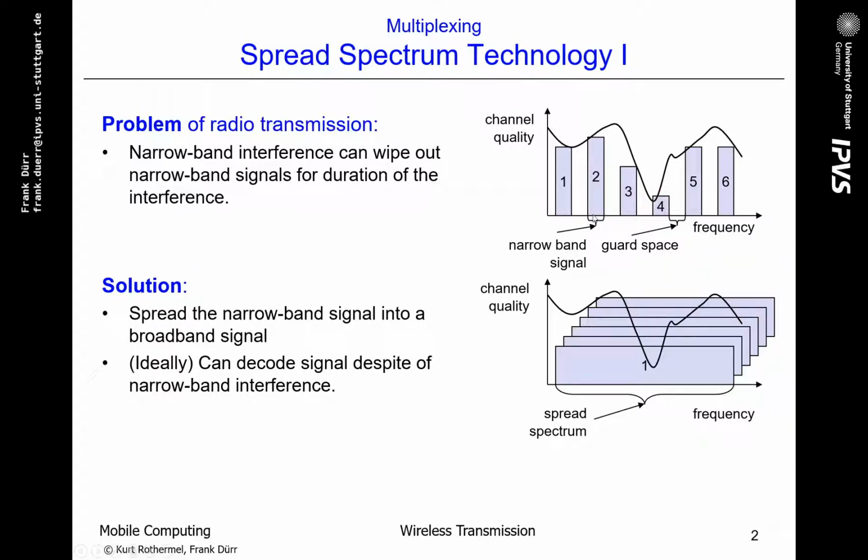You could also say spreading the signal across the whole bandwidth gives us a more fair distribution of the interference to all the senders. Since now all the senders are using the complete frequency spectrum, then also everyone will suffer the same interference, because everyone is using the same spectrum with the same portions of the spectrum having high interference, but also the same portions of the spectrum having not such high interference.